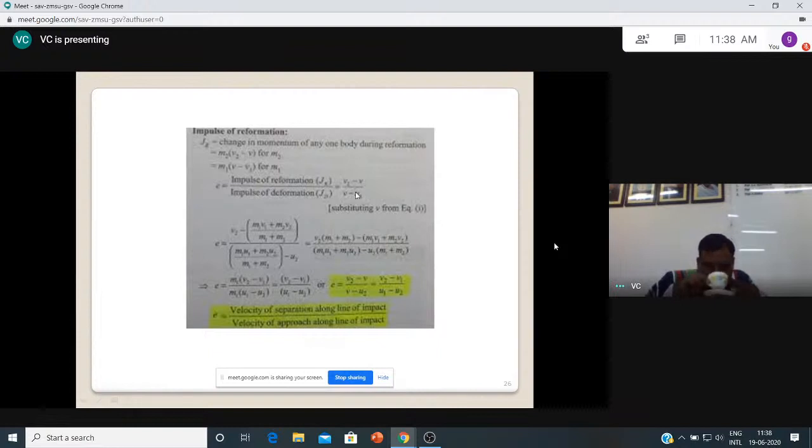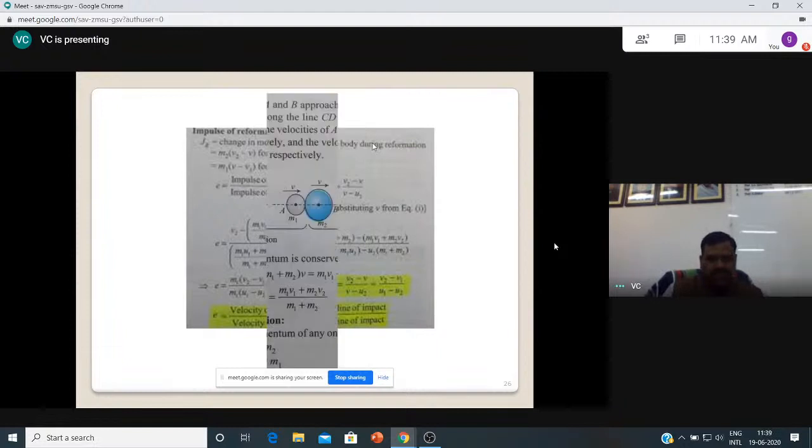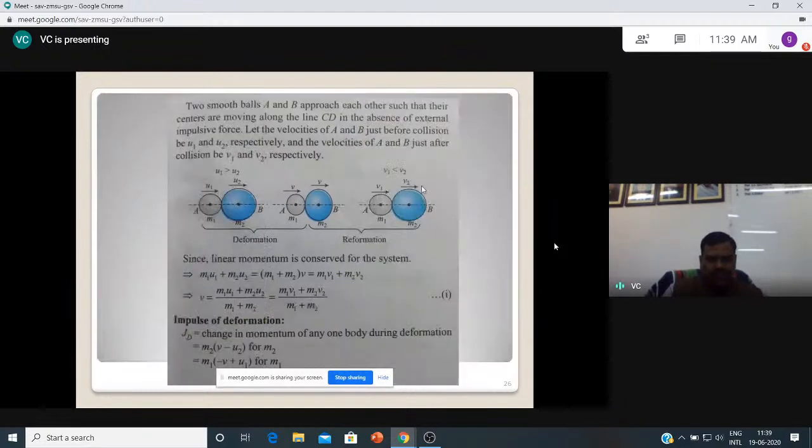Okay, you substitute that, then we get the common velocity v is equal to m1 and so on, the v after a small duration.